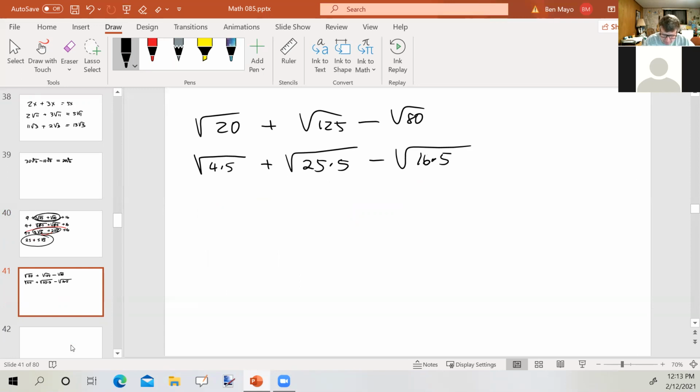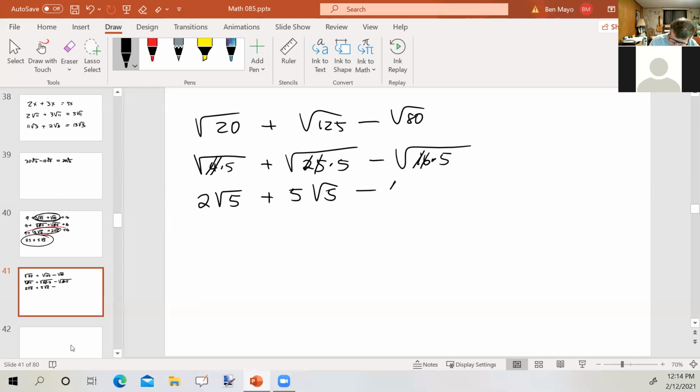No, go ahead. Okay, so what's the square root of 4? 2. So I get 2 square roots of 5 plus, what's the square root of 25? 5. I get 5 square roots of 5 minus, what's the square root of 16? 8. No, 4. My bad.